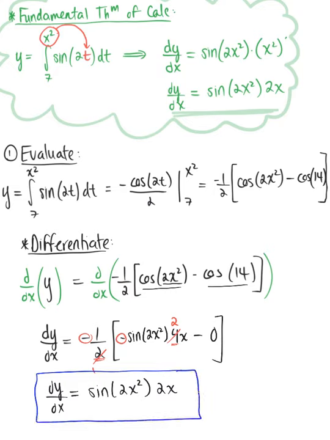So there we have it. We have verified our fundamental theorem of calculus. You can see how much faster it is to apply the fundamental theorem of calculus. And it's confirming to us that differentiating a definite integral with respect to x gives us that original function.